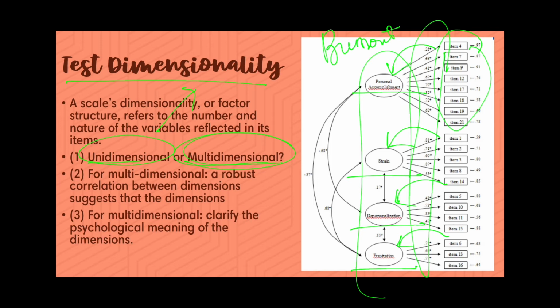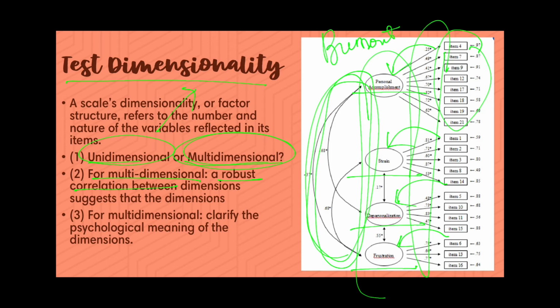Now, when there are multiple dimensions, you have to do some form of factor analysis if this is an instrument that you made. If it's multidimensional, there should be robust correlations between the dimensions that suggest the dimensions are really going the same direction. So, for example, in this case, these arrows that you see here are a testament that these variables are correlated with each other.